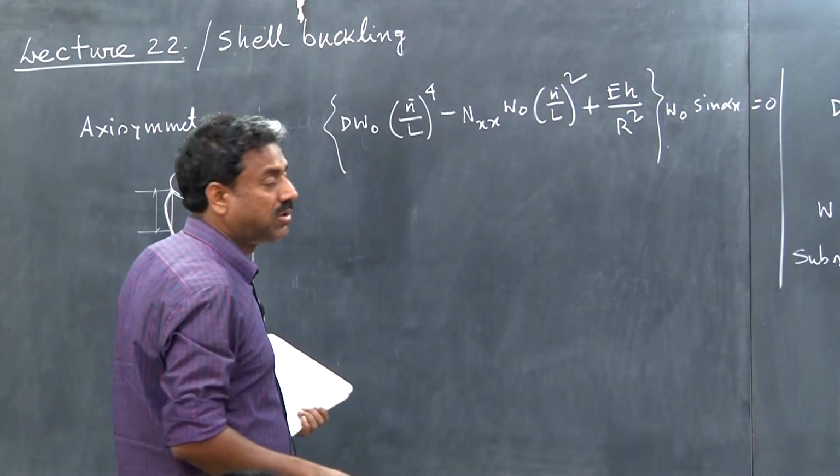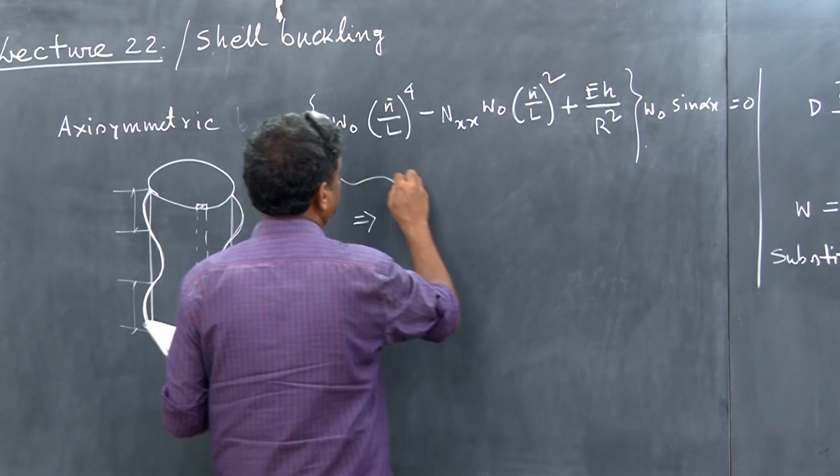Non-trivial solution: sin alpha x cannot be 0. So this part must be 0, right.